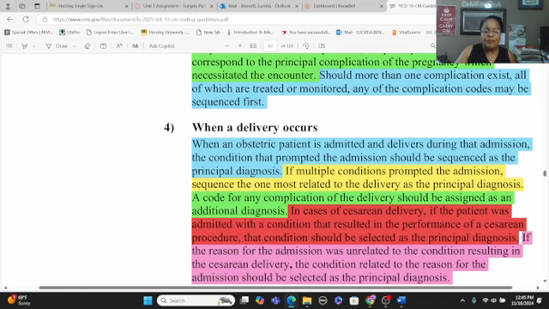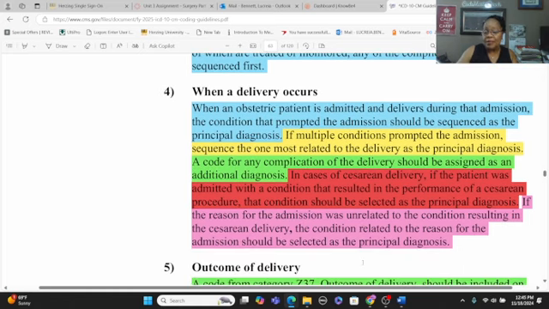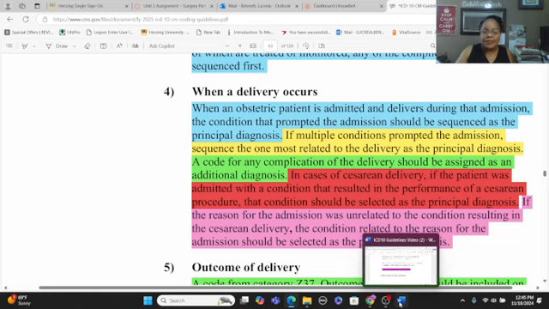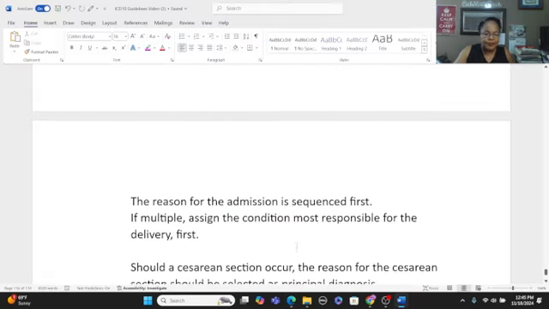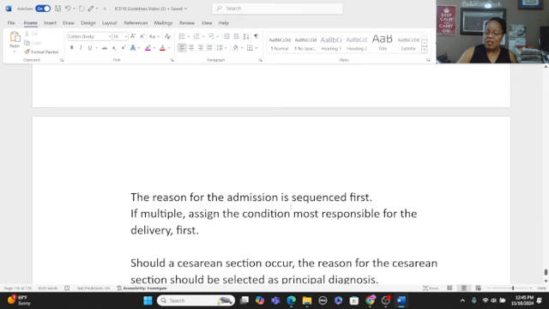And if the reason for the admission was unrelated to the condition resulting in the cesarean delivery, the condition related to the reason for the admission, again, whatever necessitated the admission, should be selected as the principal diagnoses. So my number 4 just says, the reason for the admission is sequenced first. If multiple reasons, assign the condition most responsible for the delivery first.